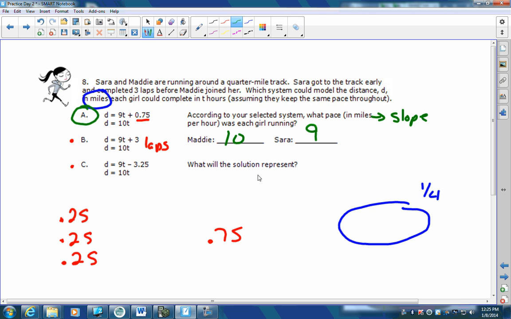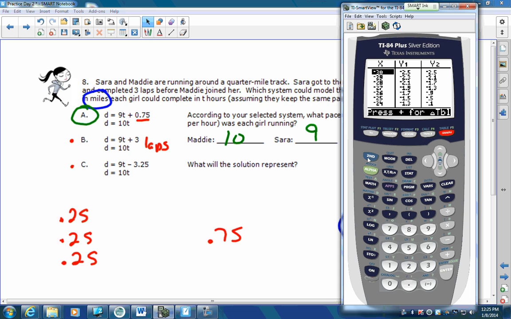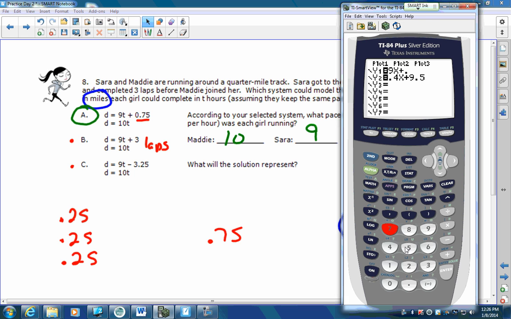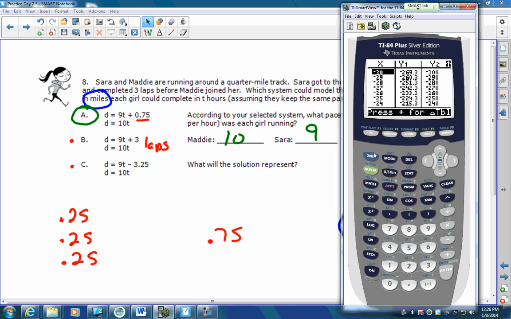So now let's grab our calculator. Put the 2 equations into y1 and y2. So I have 9x plus 0.75 and 10x. Second graph. I think I have to go back to the positives here.